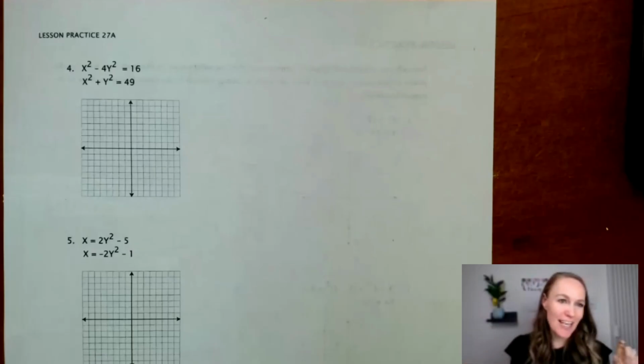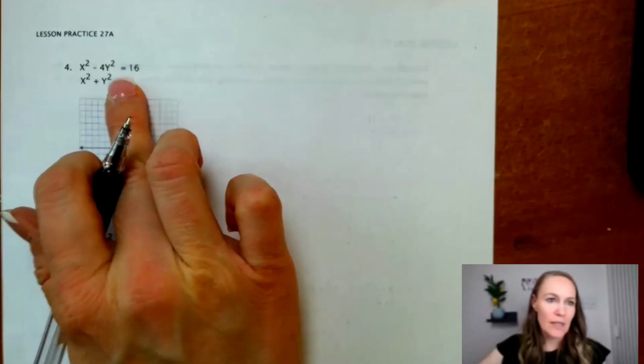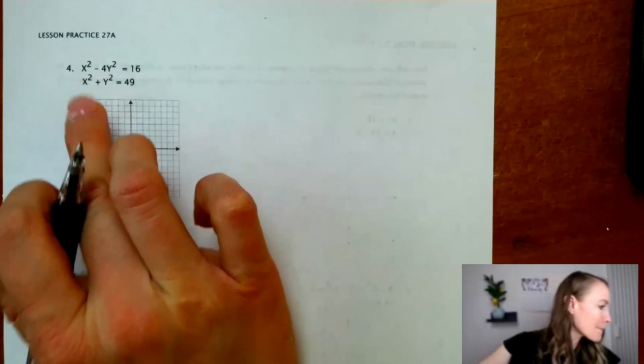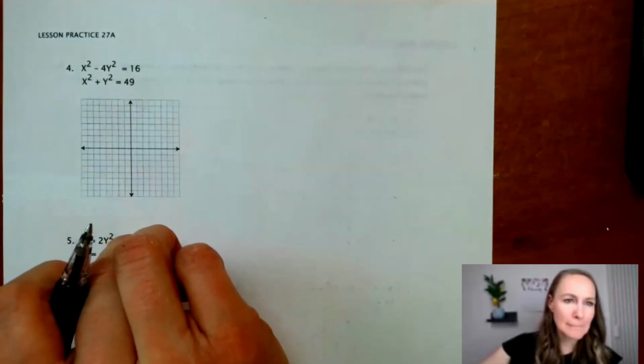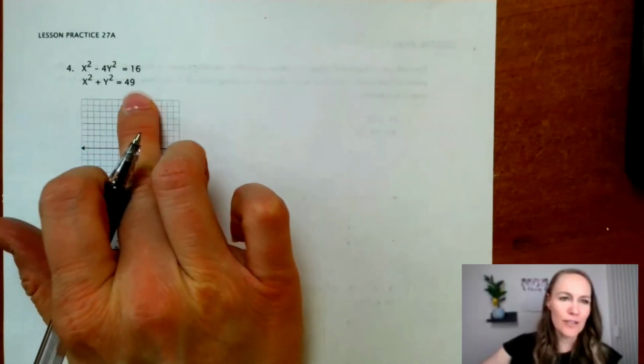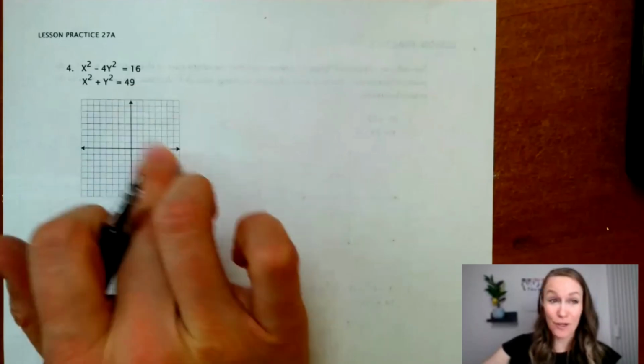So it looks like for this one, if I'm just looking here, okay, so it looks like I have a circle here with a radius of 7. So that's quite a large circle on our graph.